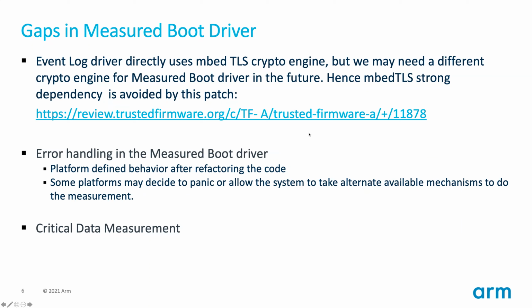There are function pointers, like calculate hash, that you need to populate for whatever crypto engine you are planning to use. The code changes will be minimal. Instead of the Mbed TLS calculate hash function getting called, it will call your other crypto engine's hash function.